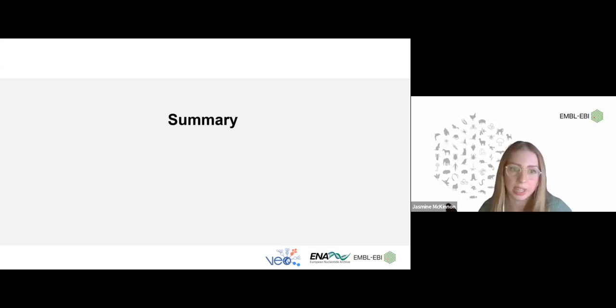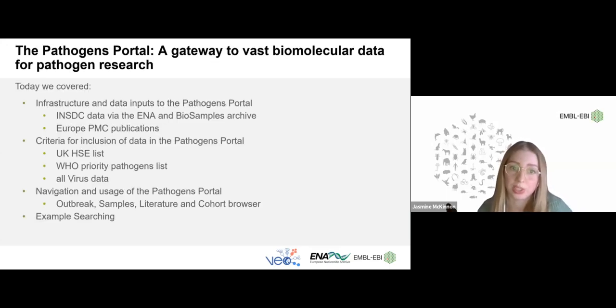So as a summary, first we covered infrastructure and data inputs to the Pathogens Portal. I explained a little bit about the INSDC data that comes via the ENA and the BioSamples archive, a bit about Europe PMC, and I also mentioned the European Genome Archive, which provides clinical data.